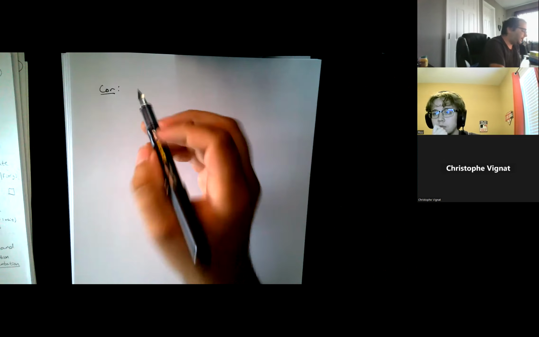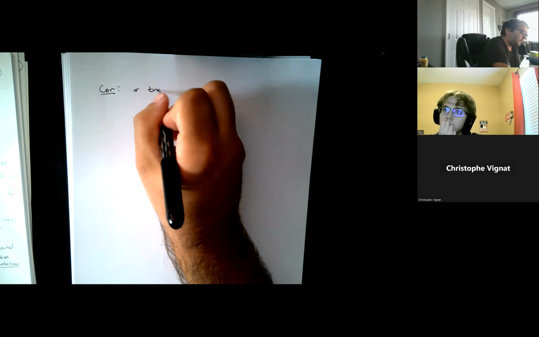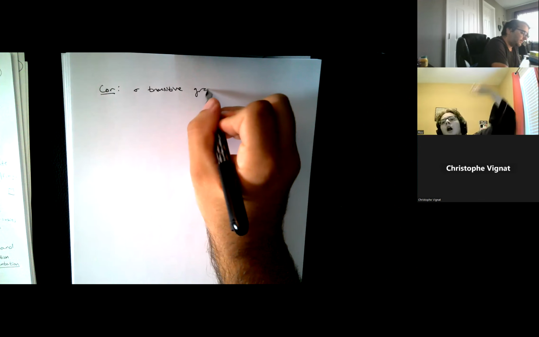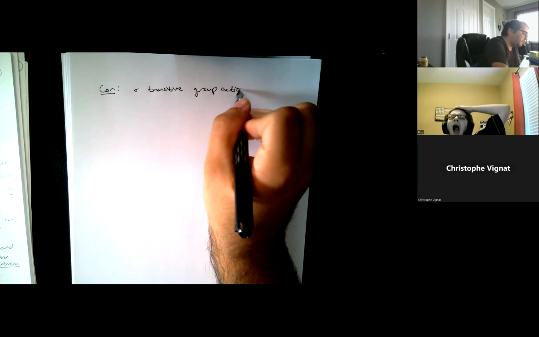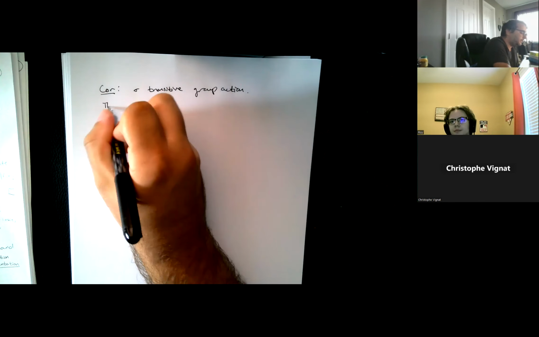But we can go even further. So if sigma is a transitive group action, then the following equalities hold.